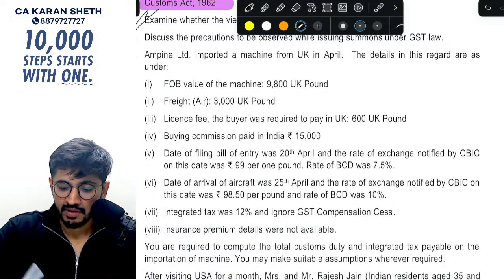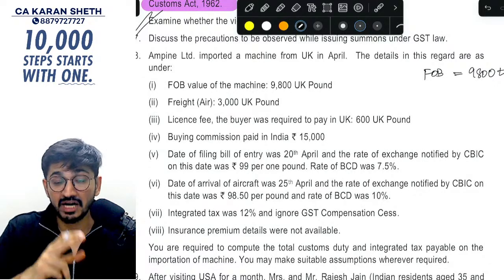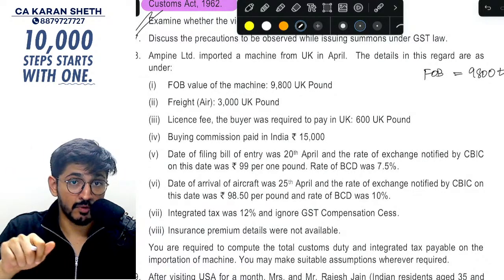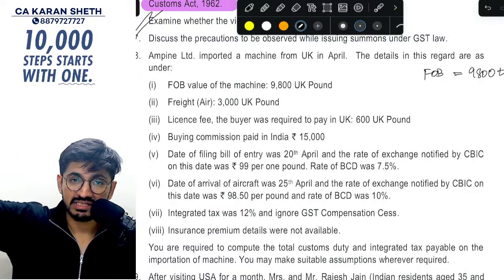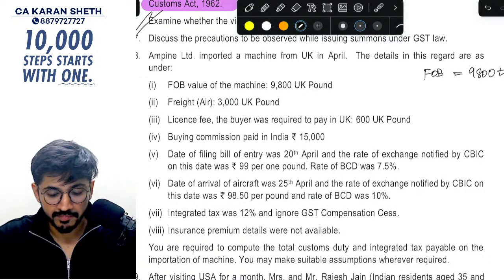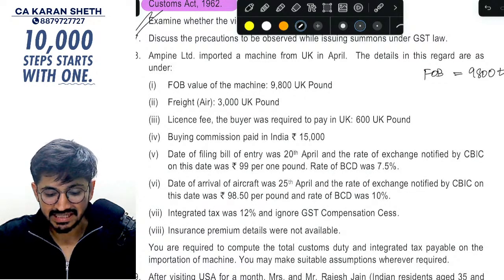Now understand, FOB value happens to be 9,800 pounds. Acha, freight by air hai, so you will use the format 2. If you don't understand what I'm talking about, go and refer to the chapter, right? Chapter notes that I have issued. Okay. Next is, my dear friends, yes.